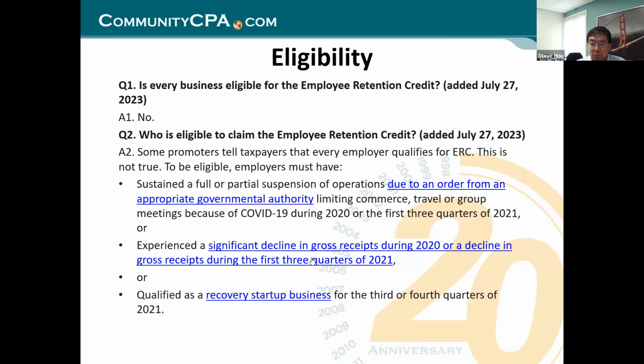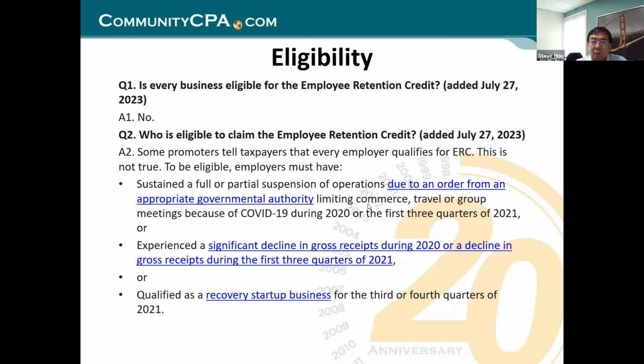Obviously, the significant decline in gross receipts has specific definitions and detailed rules. And the recovery startup business needs to be a small business, with annualized sales of less than $1 million.